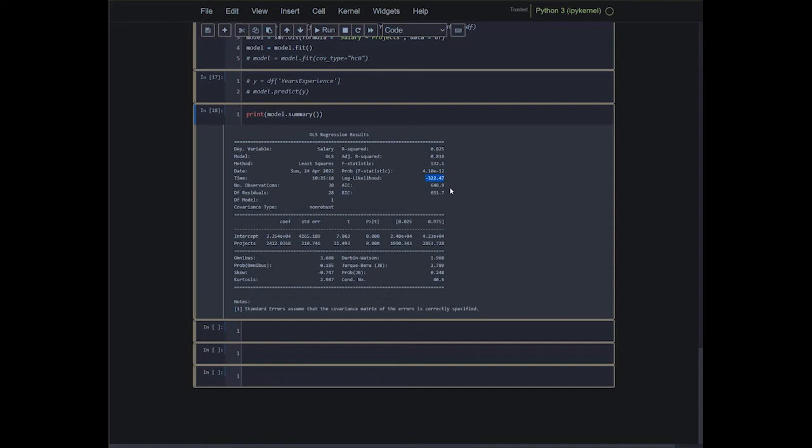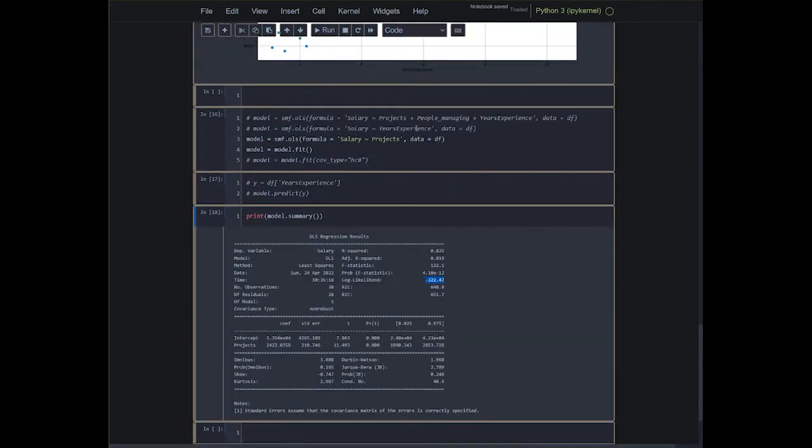In terms of log, the previous one, when we included all the three variables, we got the log likelihood value of -300. That value is actually higher. That means when we included all the three variables, the model becomes more robust. That means the model is more dependable.